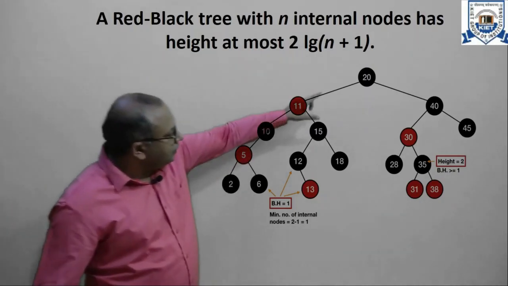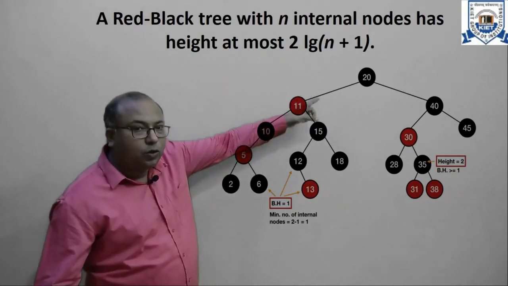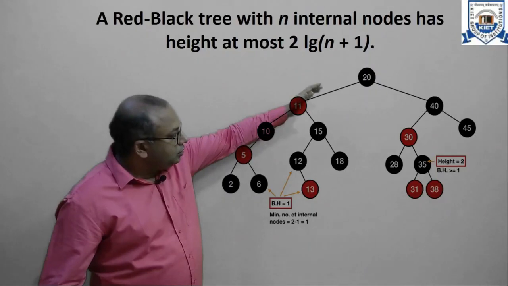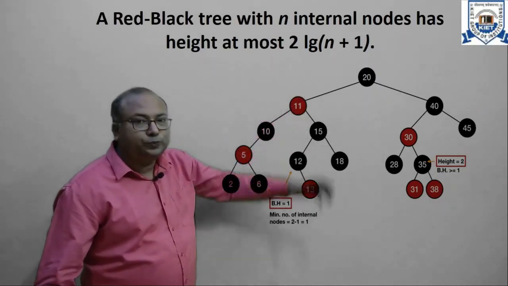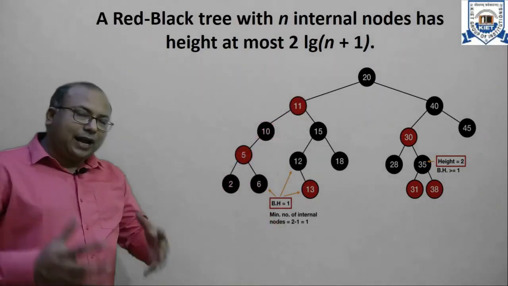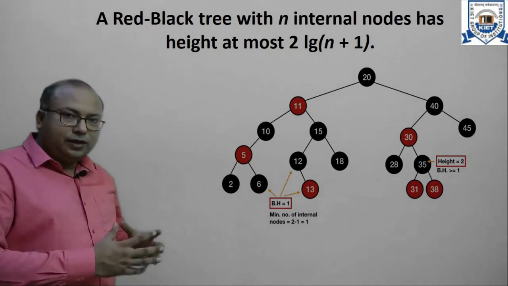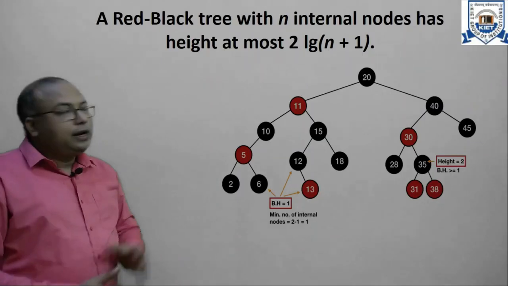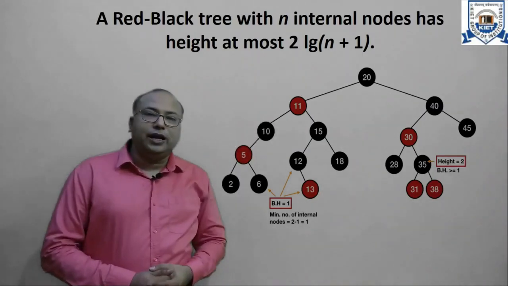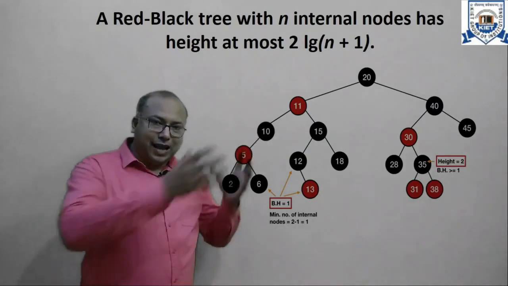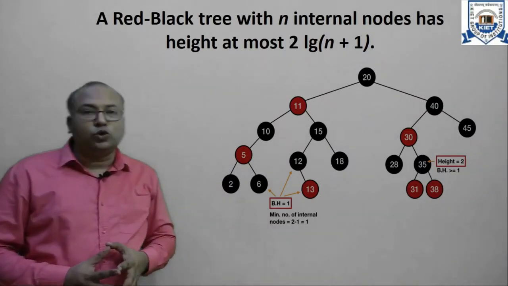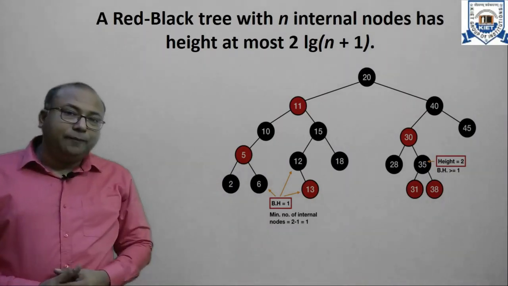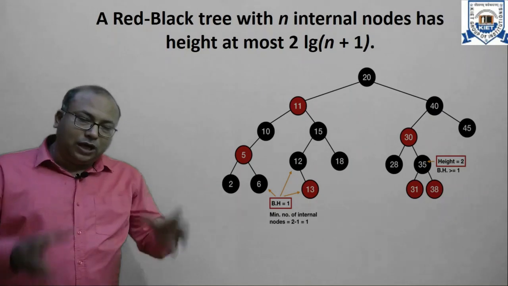But if you calculate the black height of this right node, which is black, you will get 2. So the black height of the left child is the same as the black height of the root, and the black height of the right child is 1 less than the black height of the root node. It depends on the color of the child node.